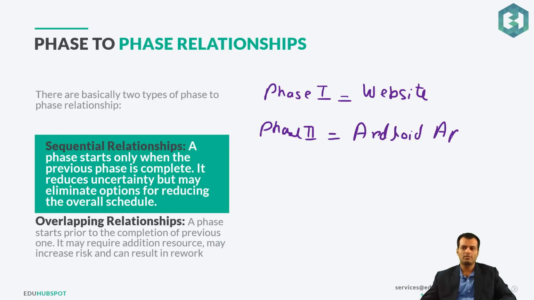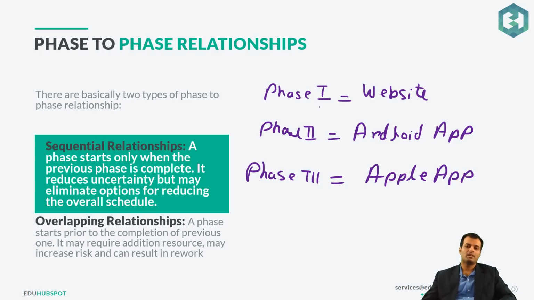And then phase 3, we have the Apple app development. Now, what will happen in sequential relationship is that first I will complete the phase 1, which is website, and then only I will take a decision whether it is really worth to go for the phase 2, which is Android app or Apple app.